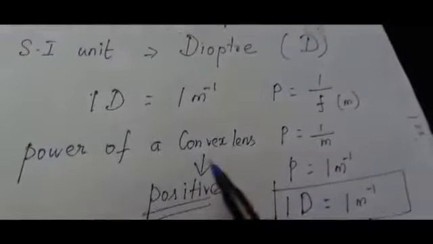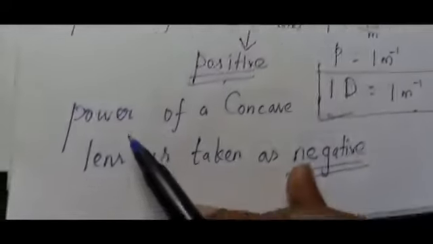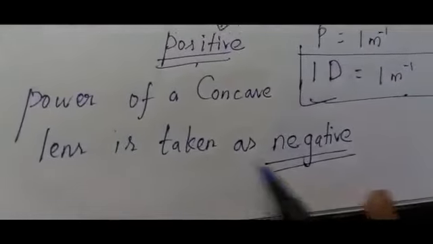So, important 1 mark question. Power of a convex lens is taken as positive and the power of a concave lens is taken as negative.